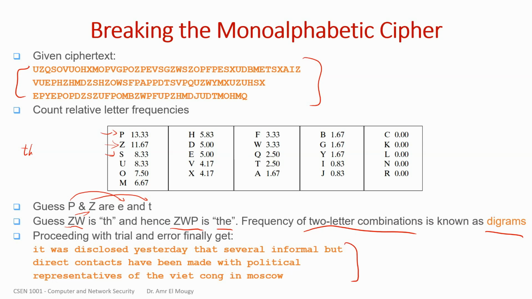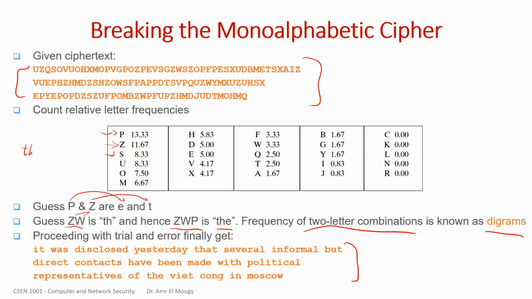Because even though a brute force attack is not easy, we have another type of attack, which is called a cryptanalysis attack, which is frequency analysis in this case. So the problem with the monoalphabetic cipher comes from the fact that the map between the plaintext and the ciphertext is fixed.